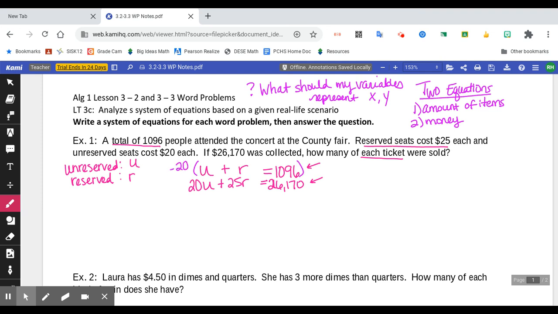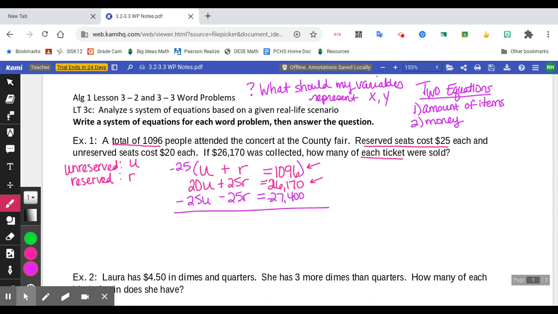I'm going to multiply by 20. Sorry, I think I'll change that. I'm going to multiply by 25 to get rid of my r's so that I can make that one a negative. Okay. So I'm going to start by distributing. So I've got negative 25u minus 25r equals, and then my last part there will be negative 27,400.